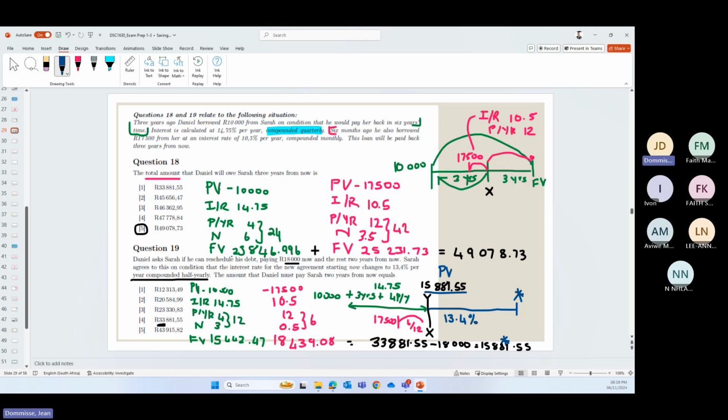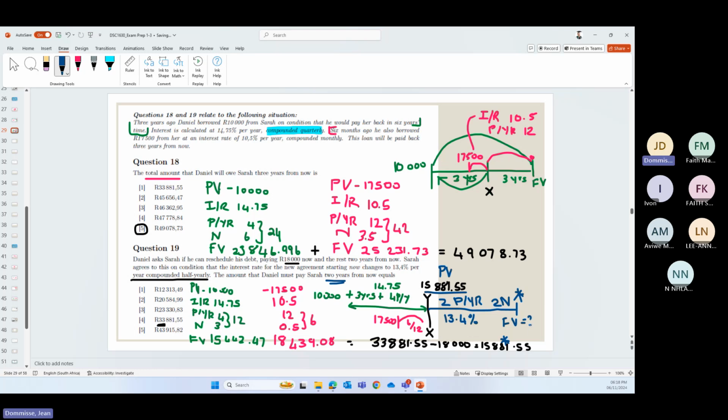They told us it is now twice a year, and they told us it is 2 years from now. And so then we will basically need to work out what is our future value.